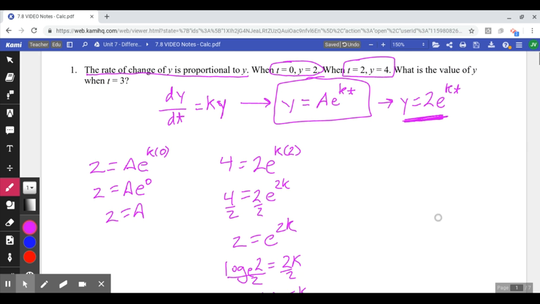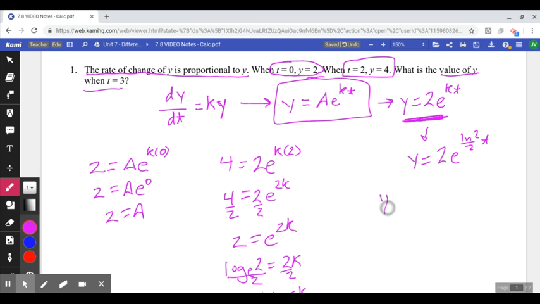If we take a look at our equation now from above, we can write in that value. So we've got 2 times e to the natural log of 2 over 2 times t power. So there's your k value substituted in. We're going to use this last equation to help us solve for the value of y when t is equal to 3.